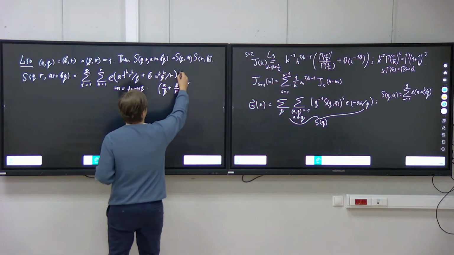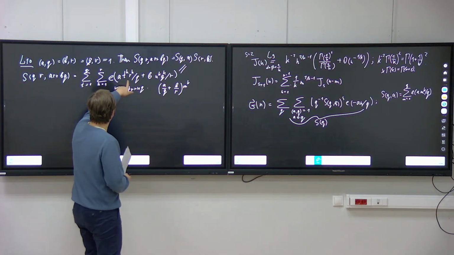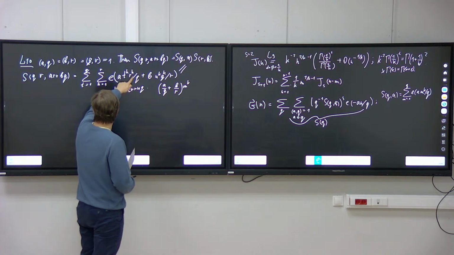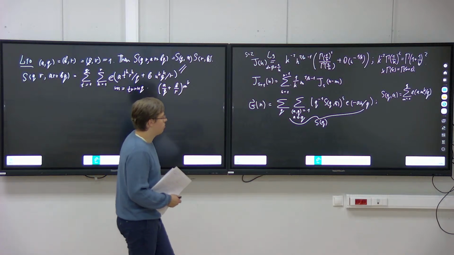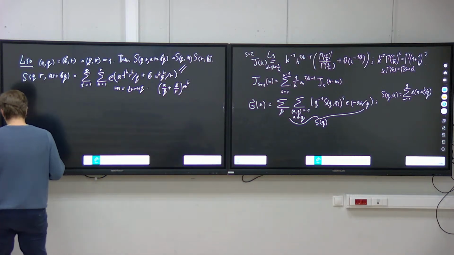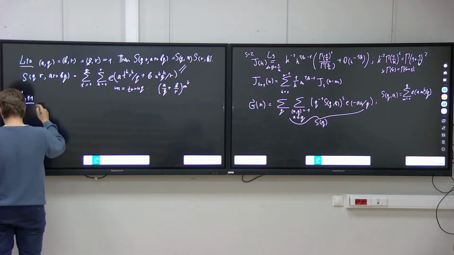this product. Yes? Because again, for any fixed star, this runs over all residues modulo Q. Lemma: S_Q is multiplicative.